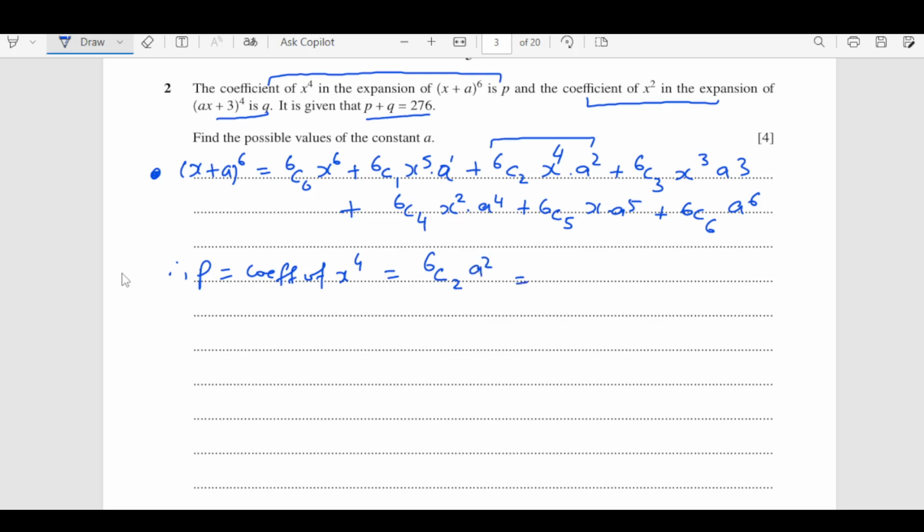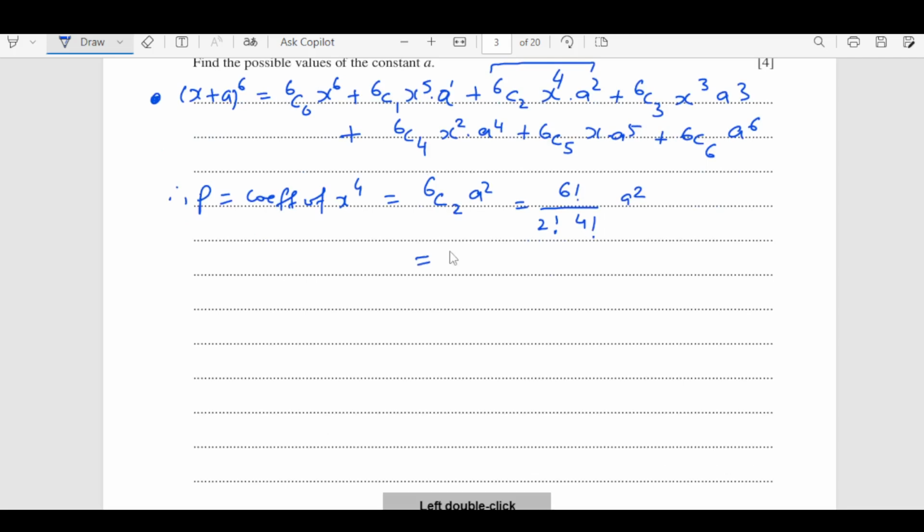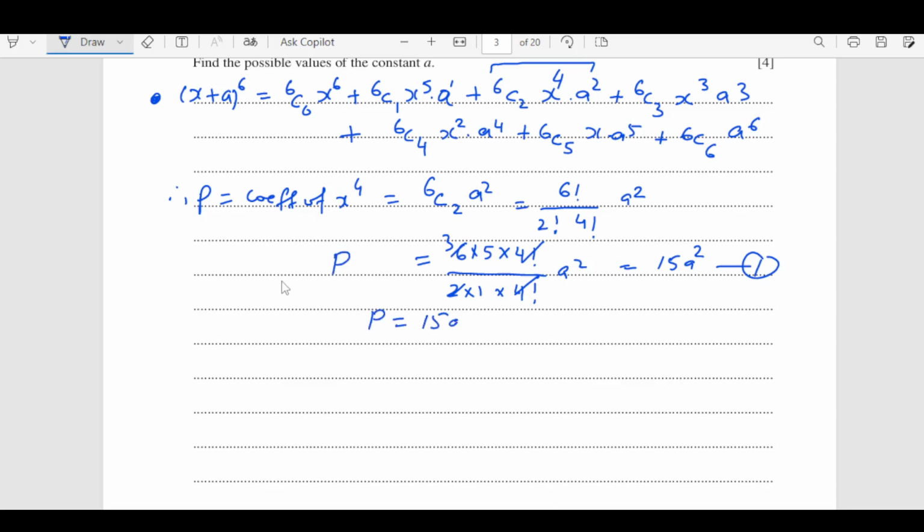We can expand this: 6 factorial over 2 factorial times 4 factorial, into a squared. So 6 times 5 times 4 factorial over 2 times 1 times 4 factorial, a squared. The 4 factorials cancel, leaving 6 times 5 over 2, which is 15. So this is 15a squared, equation 1. This is our p.